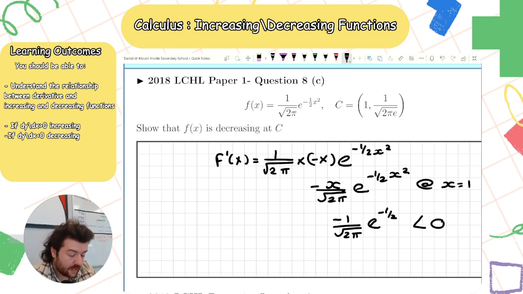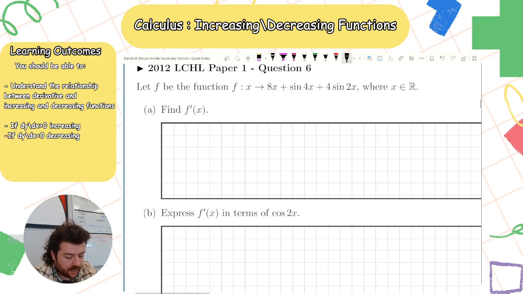Well, that will always be negative, right? That is negative because e to the power of minus a half is just 1 over root e. So I have minus 1 over 2 pi times positive 1 over root e, and that is going to be less than 0. So, true.